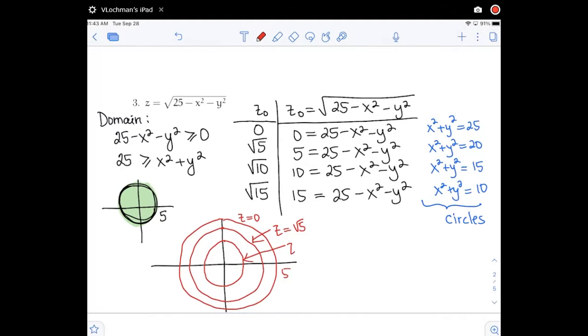This is z equals root 10. And then the last one that we've graphed has radius root 10, and for the z value that's root 15. That's z equals root 15.